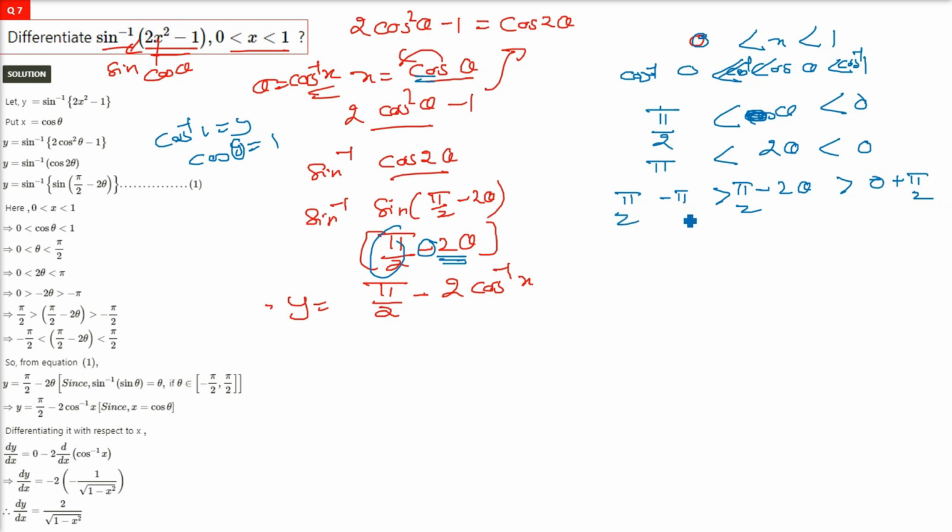Add pi by 2 to minus pi, what is it? Negative pi by 2, because pi by 2 minus pi is negative pi by 2. So let us write negative pi by 2 here. Inside this, we already have pi by 2 minus 2 theta. And here 0 plus pi by 2, so it is pi by 2 only.